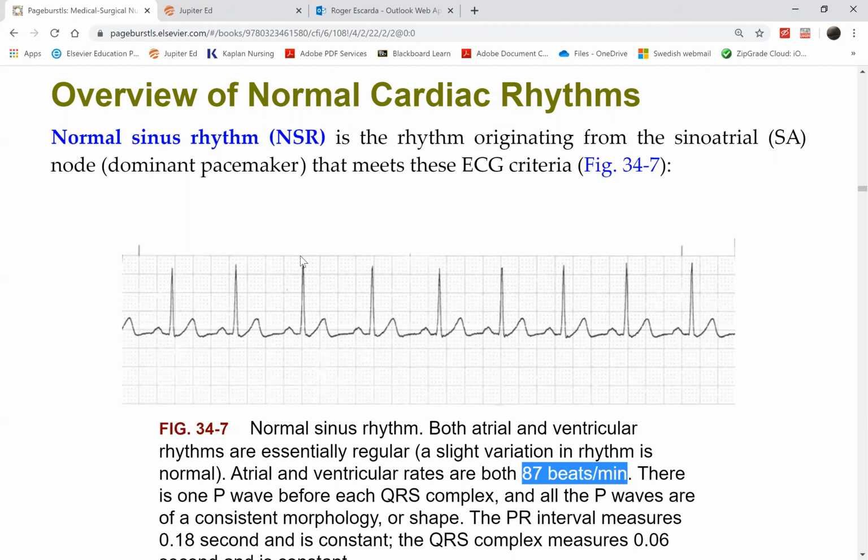R wave number 3, number 4, or number 8? 3 and 4. Okay, let's see between 3 and 4. Paul suggested we use R wave number 3 and number 4. So let's count how many small blocks there are between these two. I know there are 5 here, so I'll take a shortcut. It's 5, 10, 15, 19.